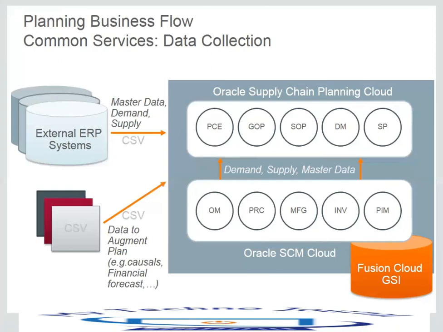And from the supply side, you can load all your purchase requisitions, purchase orders, your on hand, and your manufacturing orders, right? All those supplies you can load from the supply side. In detail, we will talk about this in our data collection specific lesson. So this is what you can expect.